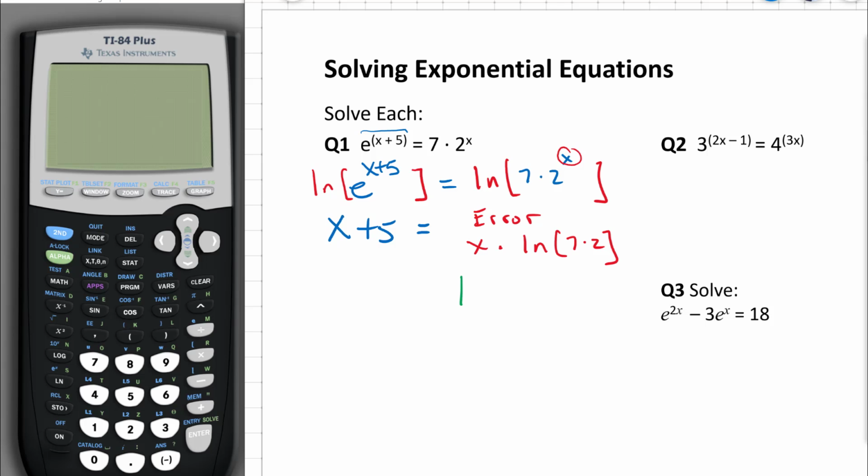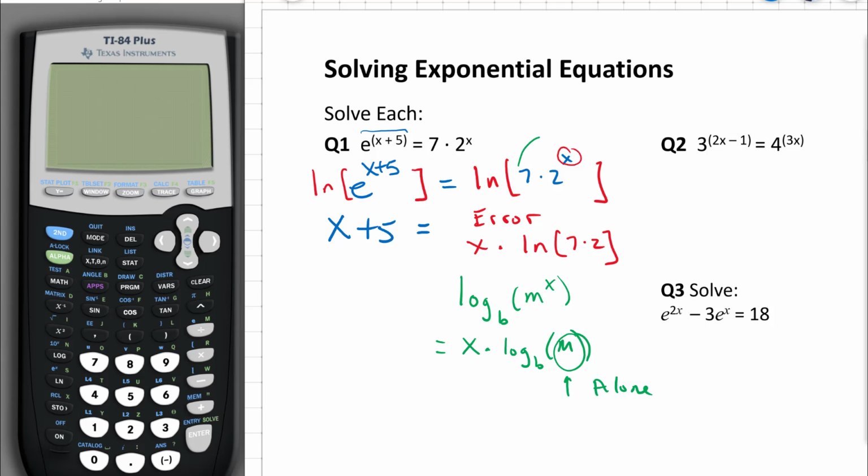The log property says if you have log base b of m to the x power, you can write it as a multiple of the exponent in front. So how come my statement is an error? It has to do with the base. The base is alone here.